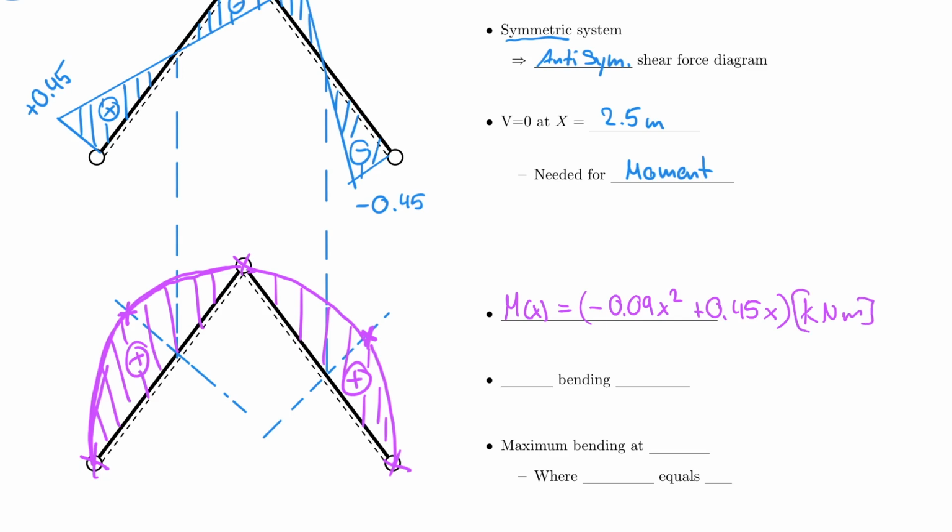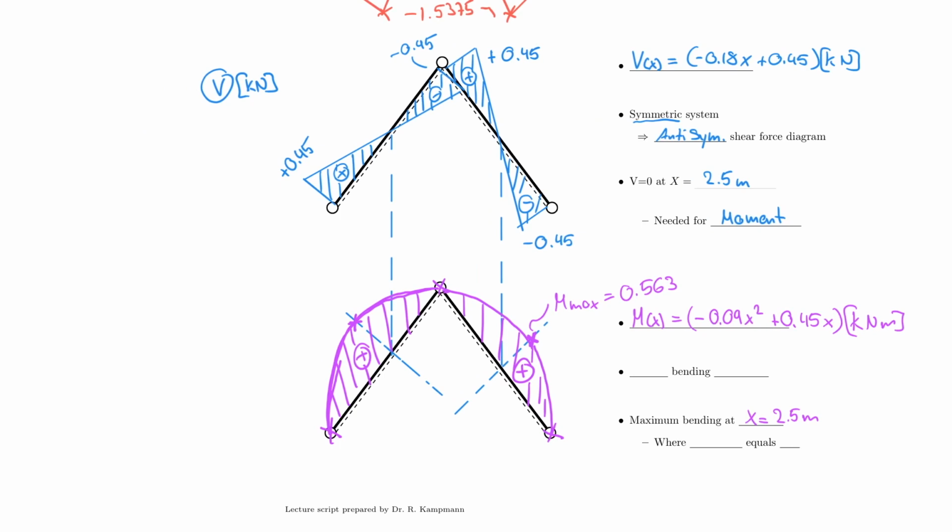If I want to find my maximum bending at x equals 2.5 meters, and I plug that in, then I find M max, which actually happens to be 0.563, and of course in kilonewton meter. In fact, I need to show this here on my graph: kilonewton meters. And here is no different, plus 0.563. And that concludes my moment diagram.